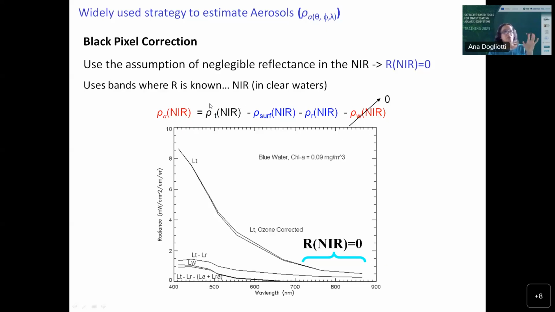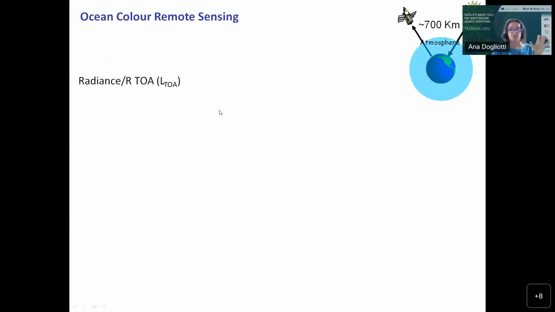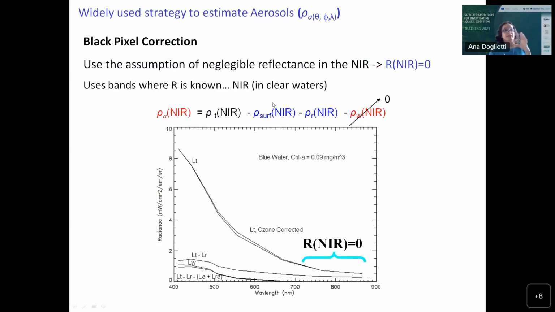We have the total arriving to the sensor. This is from the surface and can be calculated. The Rayleigh that I also mentioned can also be calculated. And we assume that it's really clear water, let's say.